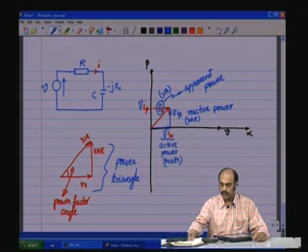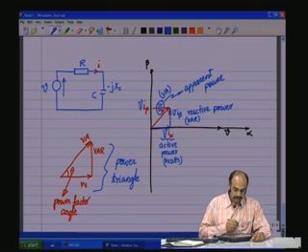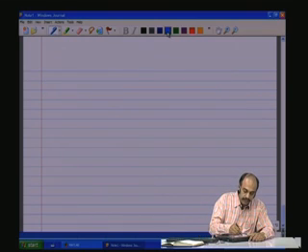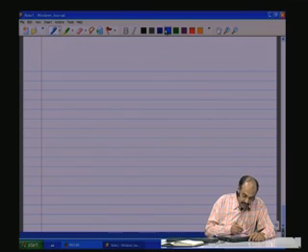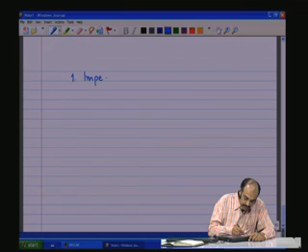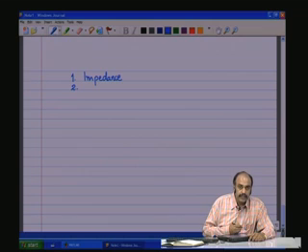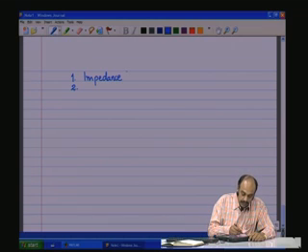So now you see that there are three triangles that you need to know while doing the phasor diagrams. One is the impedance triangle, and that is obtained while solving the KVL, the Kirchhoff's voltage law.